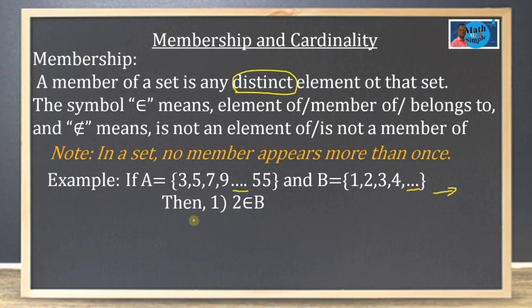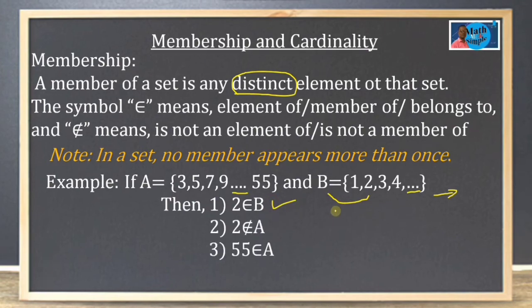Okay. So for number 1, 2 is a member of B. So what is set B? Set B is this, and we have 2 here. So it means 2 is a member of set B. Is that correct? Yes. Okay, so the next one, number 2: 2 is not a member of set A. Let's see.